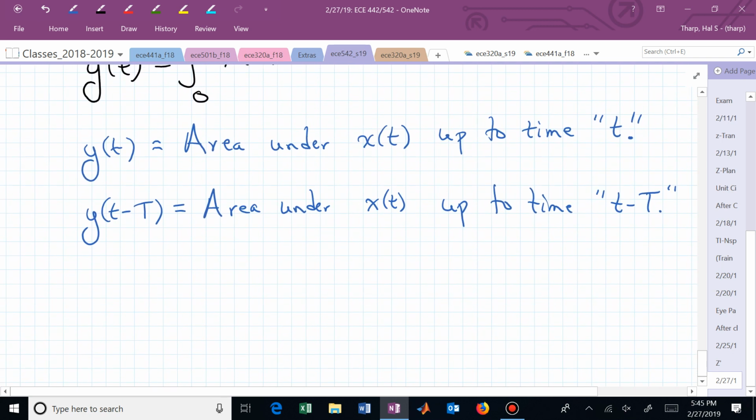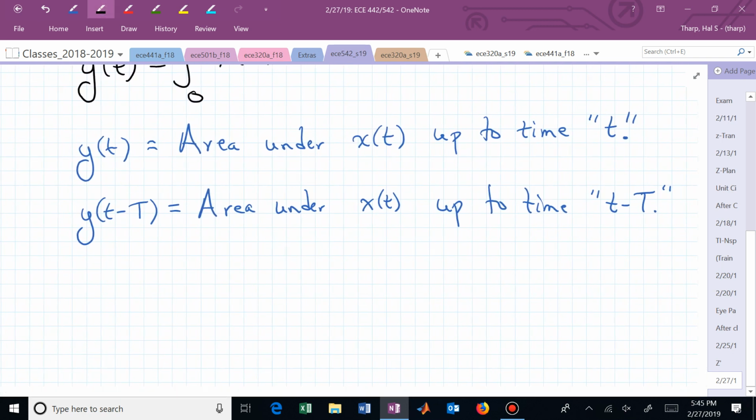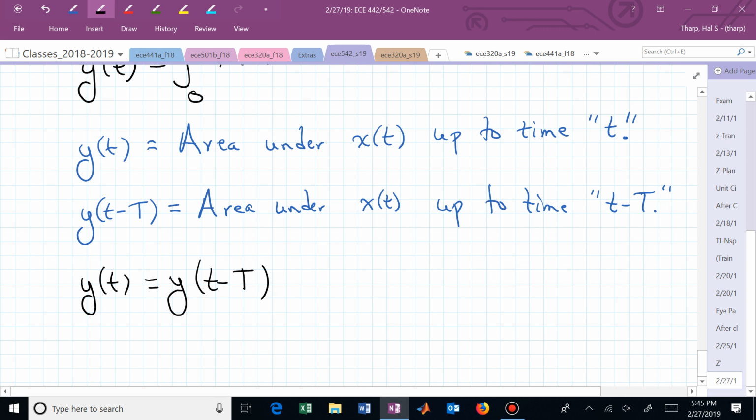Or if we wanted to write that in another way, this expression for y of t, we could say that's equal to y of t minus capital T plus the area under x between t minus capital T and little t.